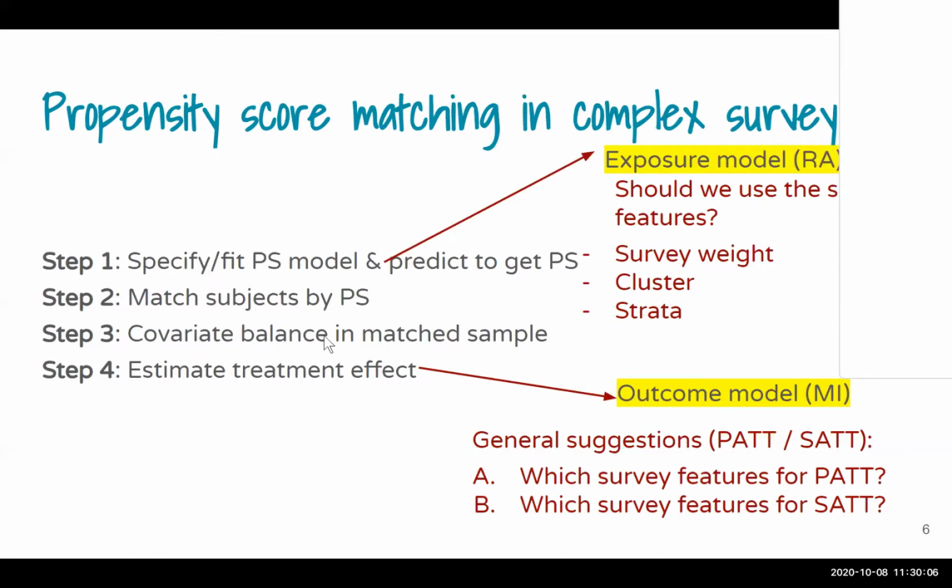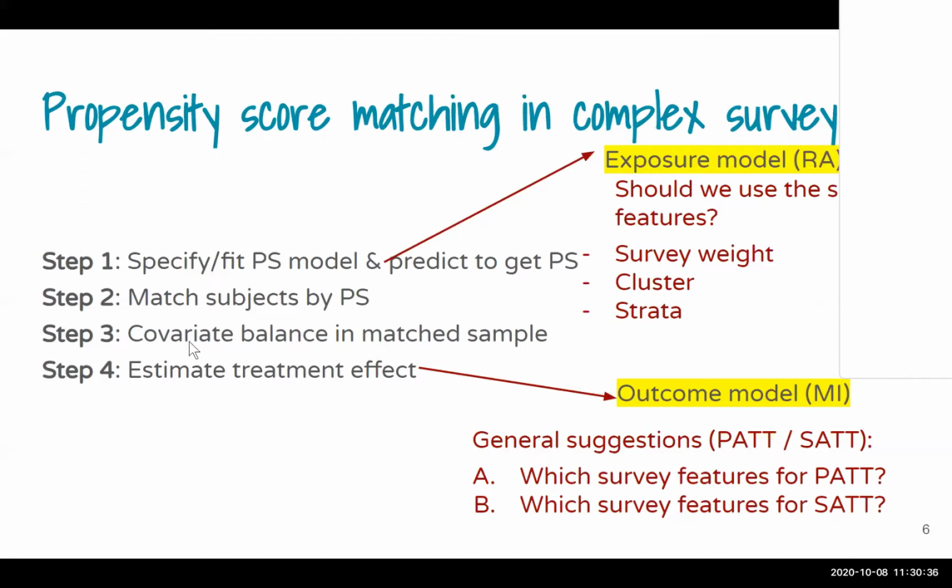It is also possible that you can check the balance using p-values, but the problem with p-value is that p-value itself is a function of sample size or the standard errors, right? So it is quite possible that when you are dealing with covariate balance assessment using p-value, the conclusion of the assessment will vary based on the sample size that you have.